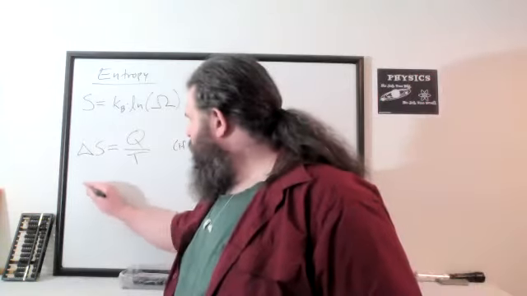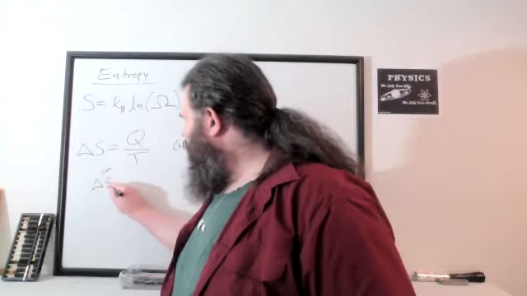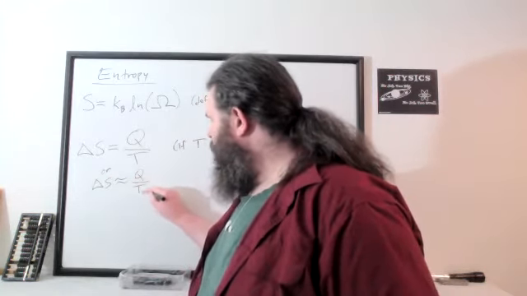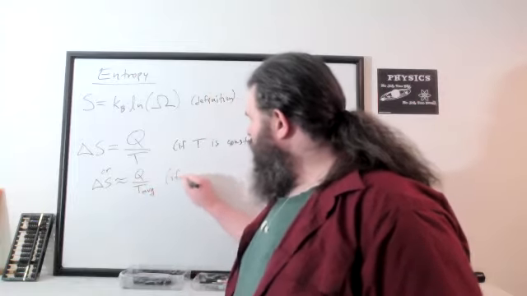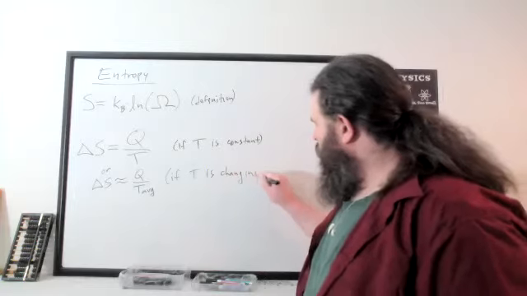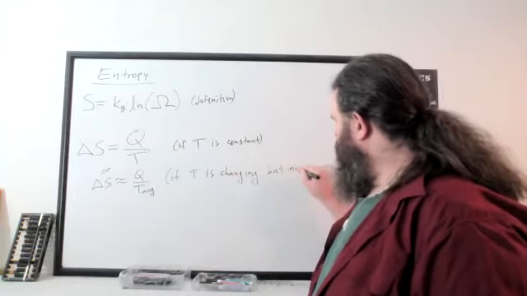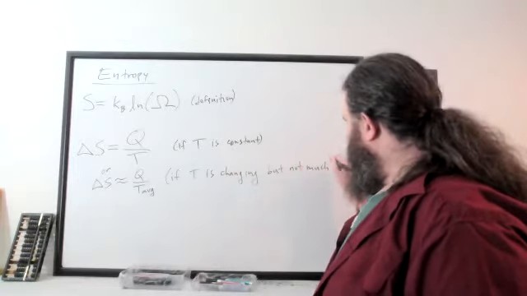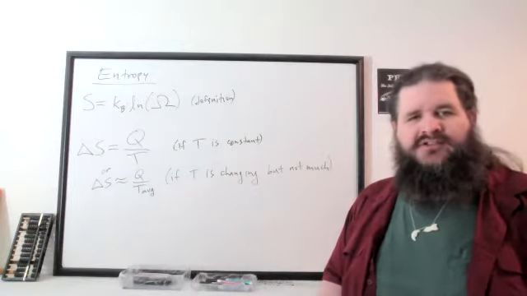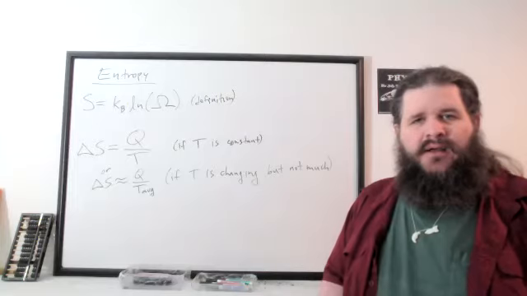And delta S is approximately heat over average temperature if temperature is changing only a little bit. The borderline between a little bit and a lot depends on the situation and how much accuracy you want.